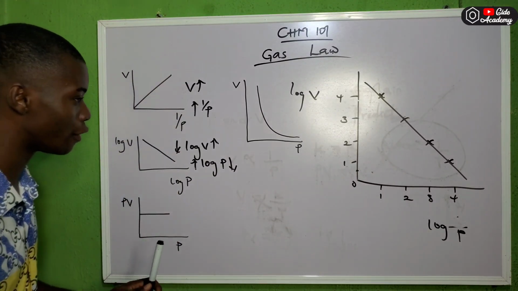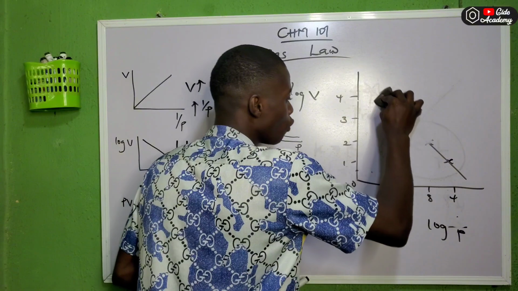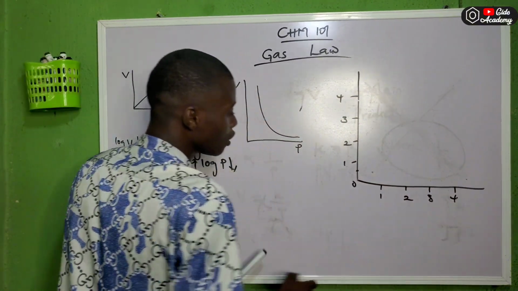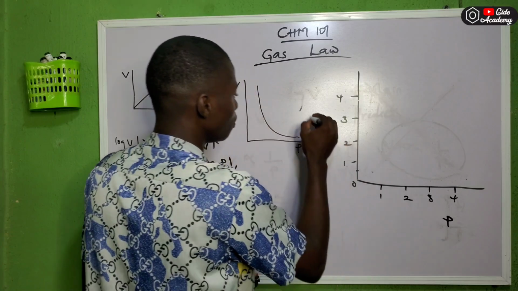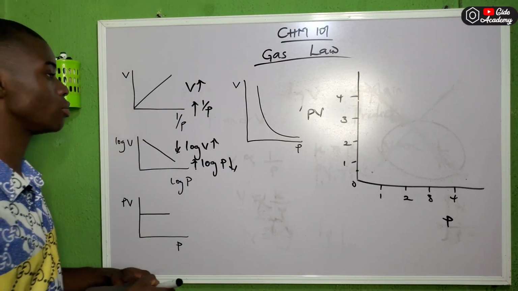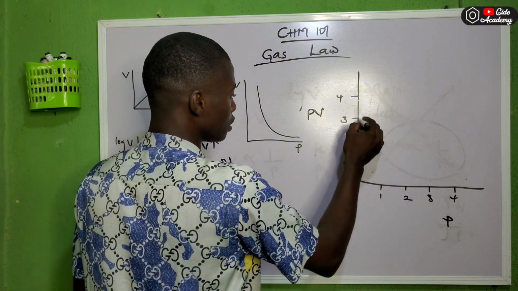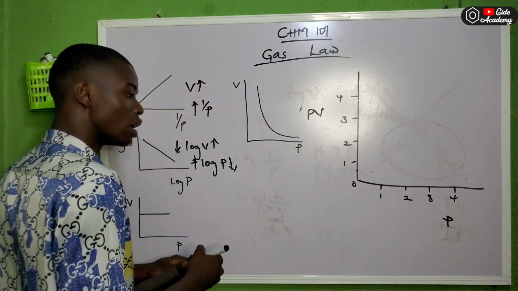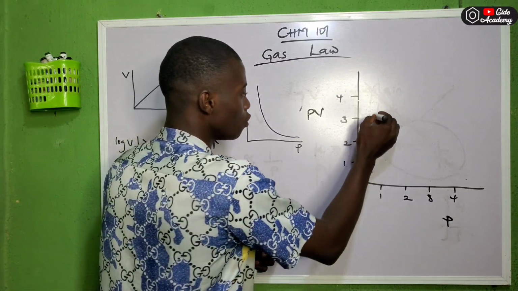Then for this very value here, it's telling us that for any given value of pressure, for any given value of P, PV is always constant. So that's to say, let's just say PV is 3. If the pressure is 1, PV will be 3.